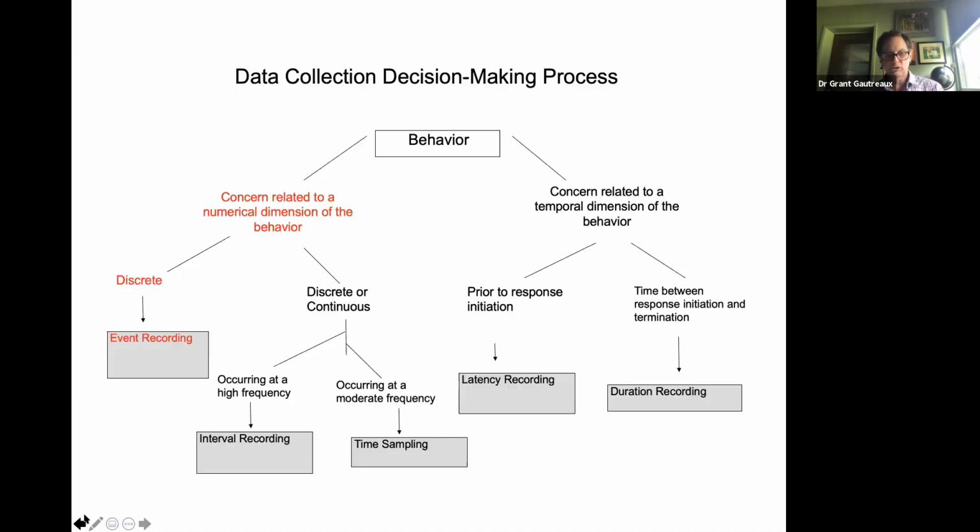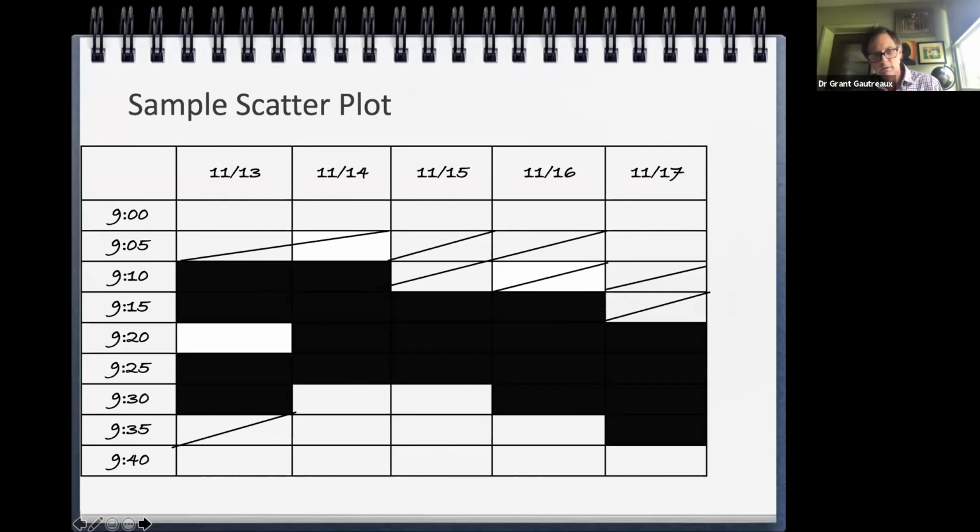So you would need, to a certain degree, an event recording, whether it occurred once or multiple times, but you could also plug this into any of the other types of recordings: interval, time sampling, duration, latency. So the scatter plot is pretty useful.